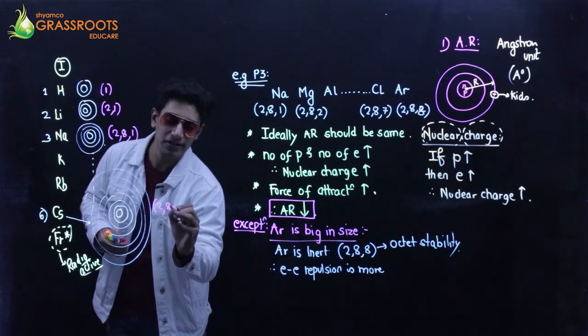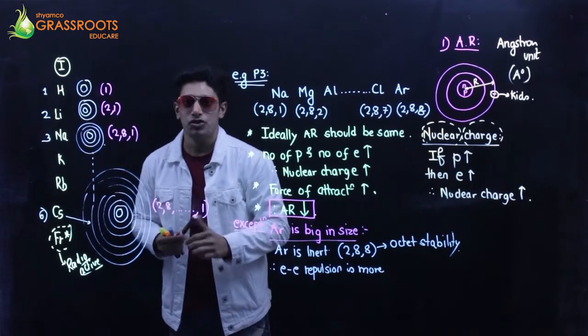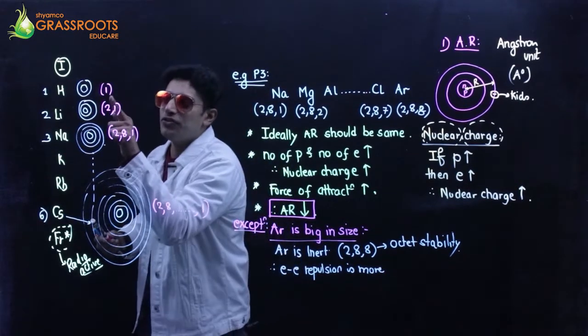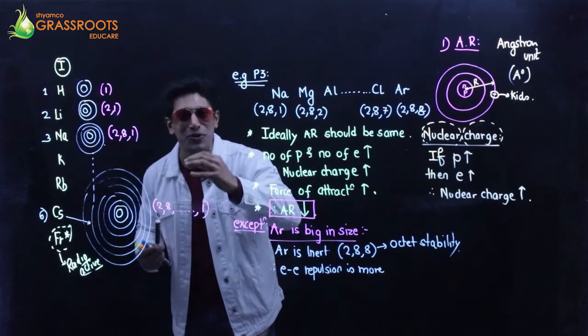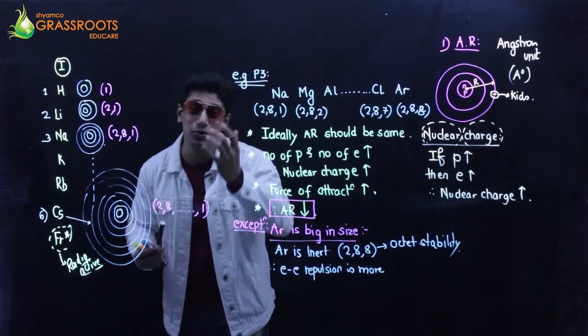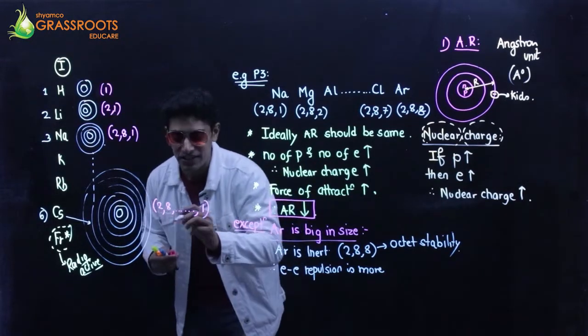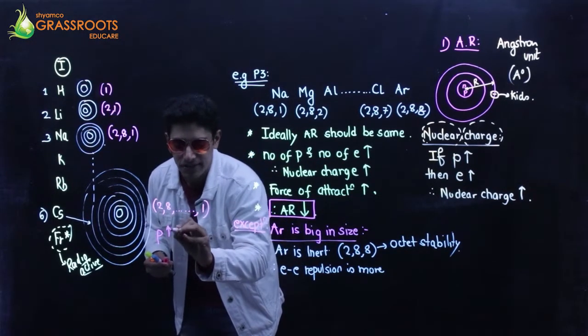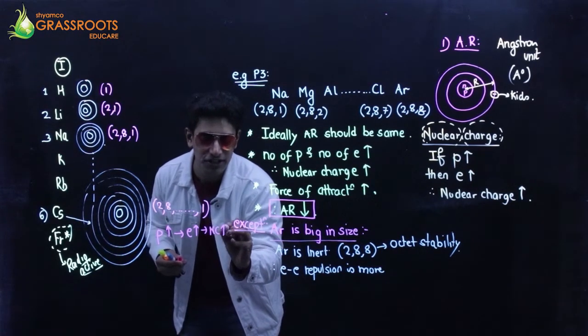This is 2, 8, something, something, 1. As we go down, the number of protons and electrons are increasing. So if the number of protons and electrons increase, the nuclear charge also increases. We've seen that. So protons increase, electrons increase, nuclear charge increases.